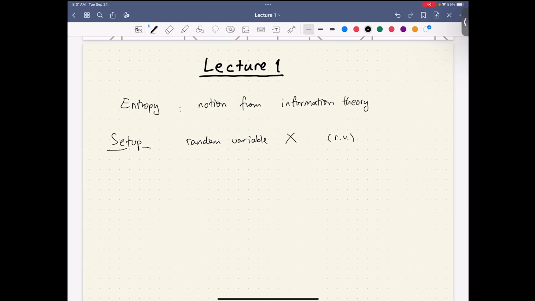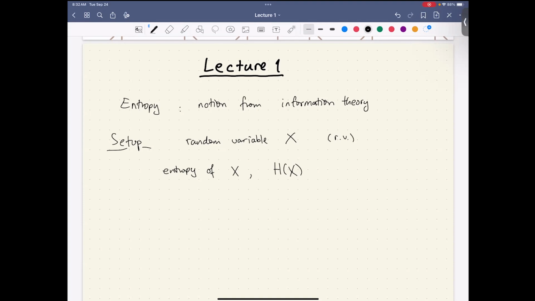So we have a random variable X, and its entropy, denoted by H of X, is a function that assigns a random variable some non-negative value.